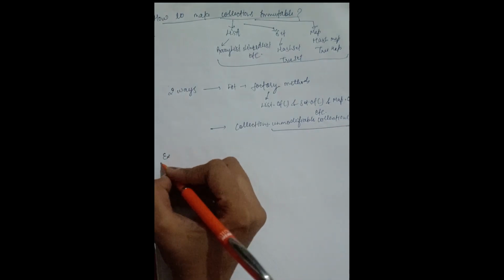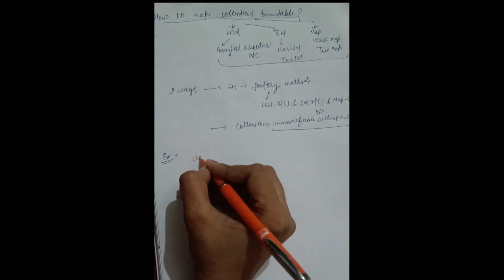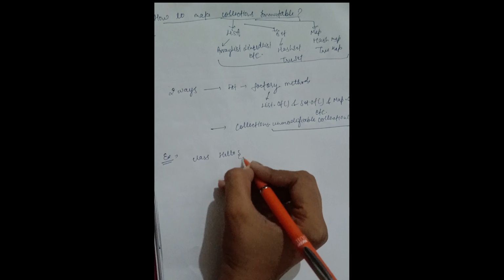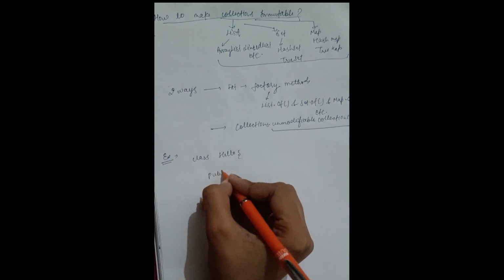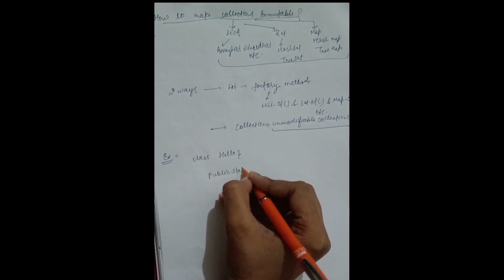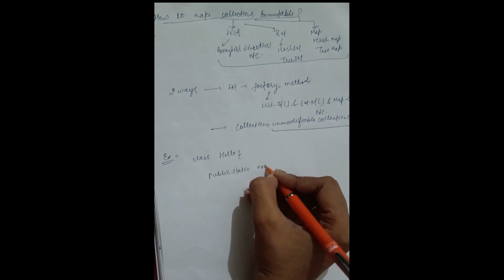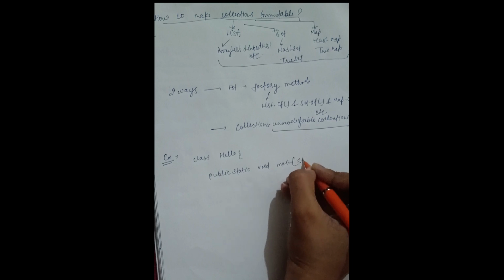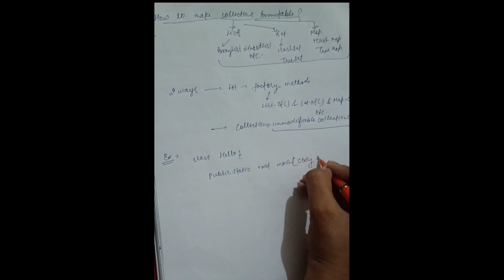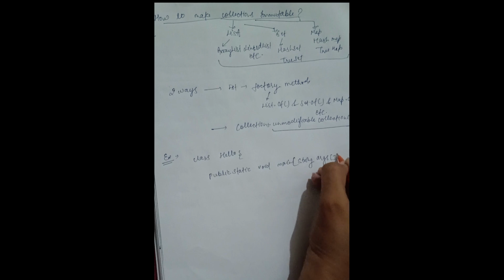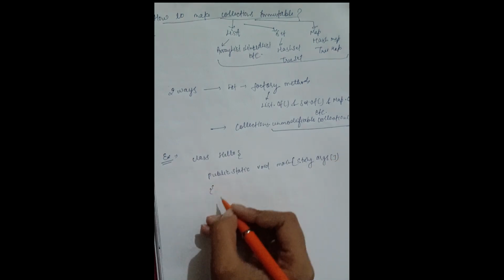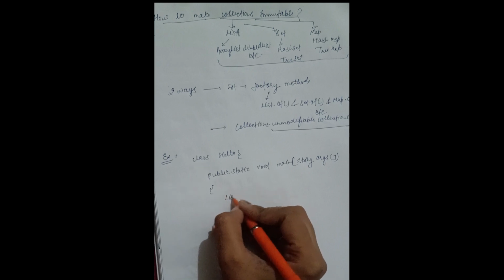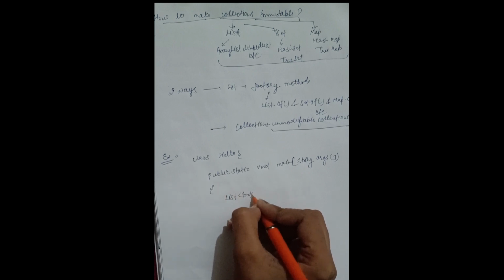So, example: this is our main class and this is our main function. Inside, we first create a list of Integer.